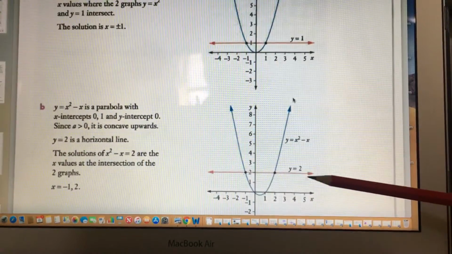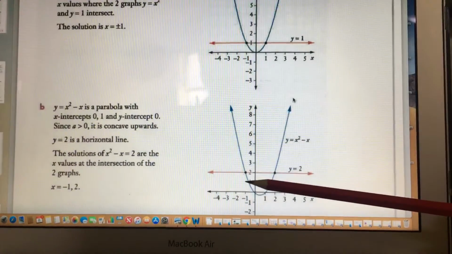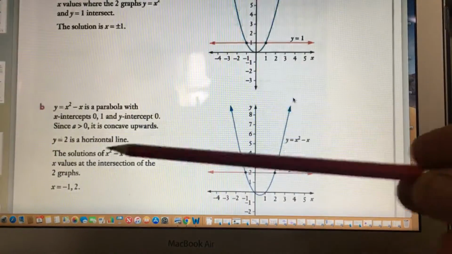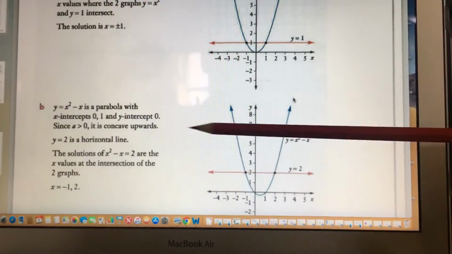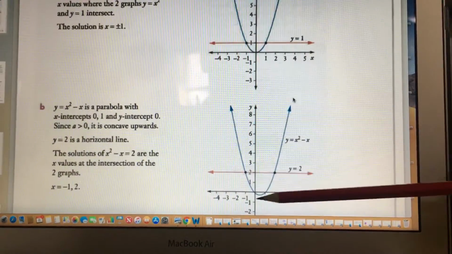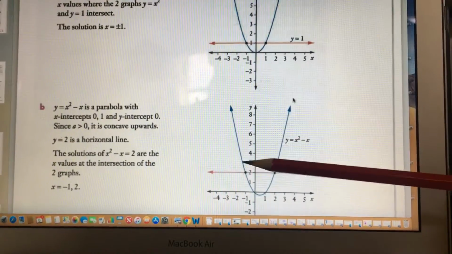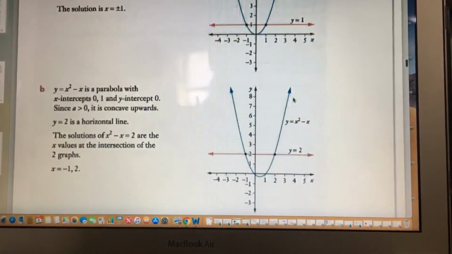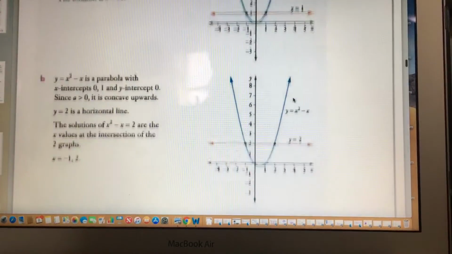And then there's y equals 2. So these points, the x values, -1 and 2, are the solutions to x squared minus x equals 2. It's basically like the first step of solving them simultaneously. Get the x values.